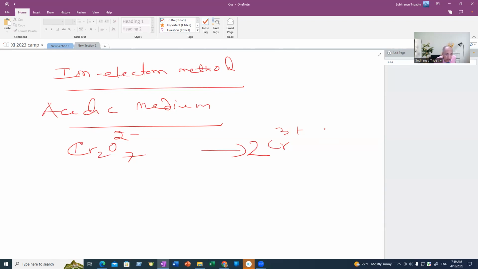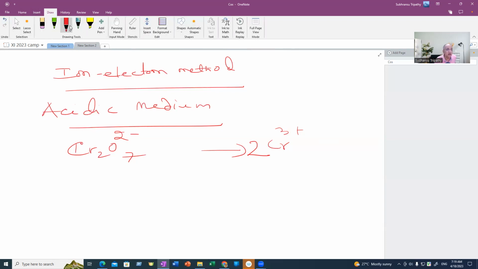So 7 oxygen are in excess, so we have to add 7 water. I am showing it in one step because you are not foolish. To equalize oxygen we take the help of water, 7 water. Then look at hydrogen; by doing so hydrogen has increased, 7 twos are 14.